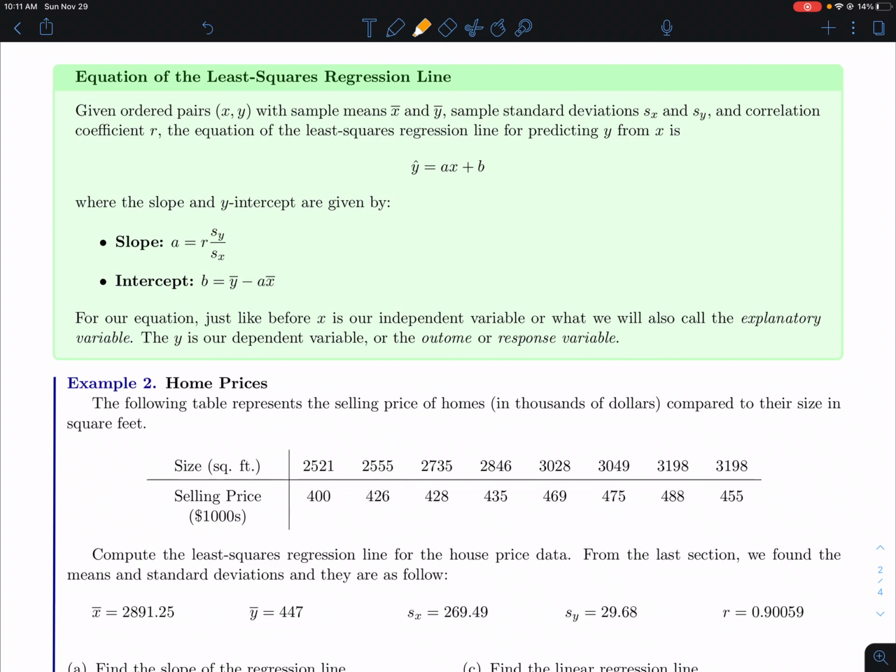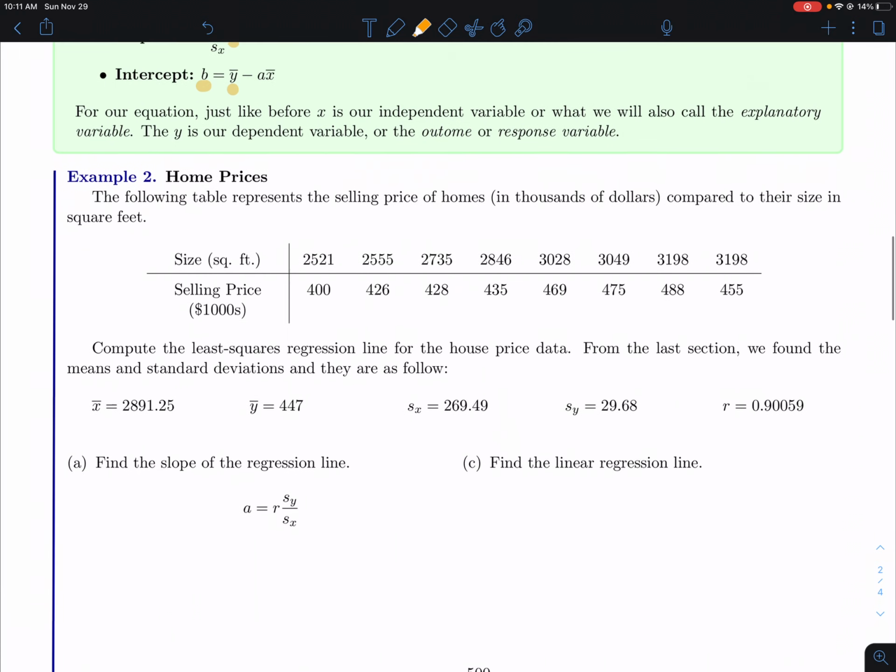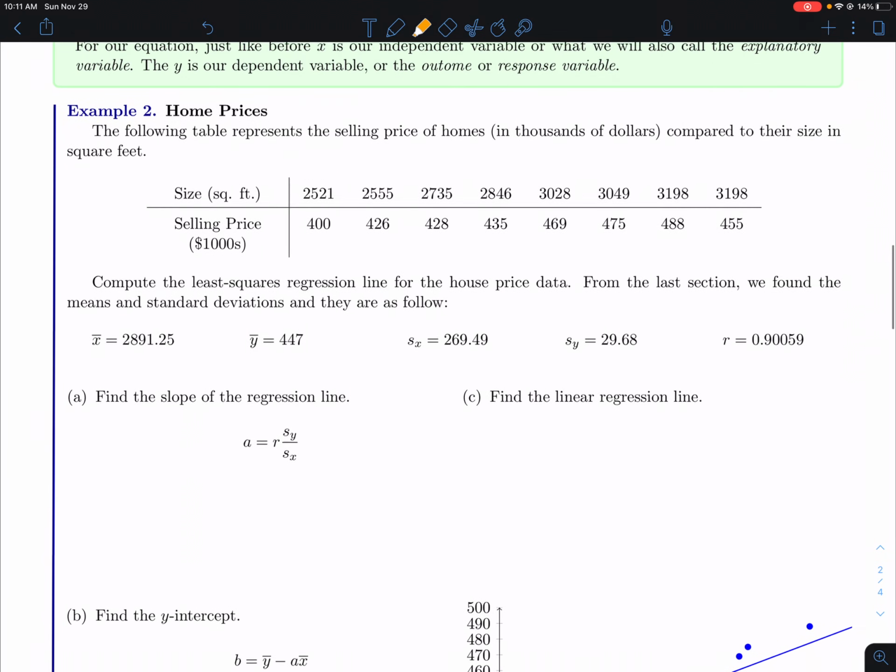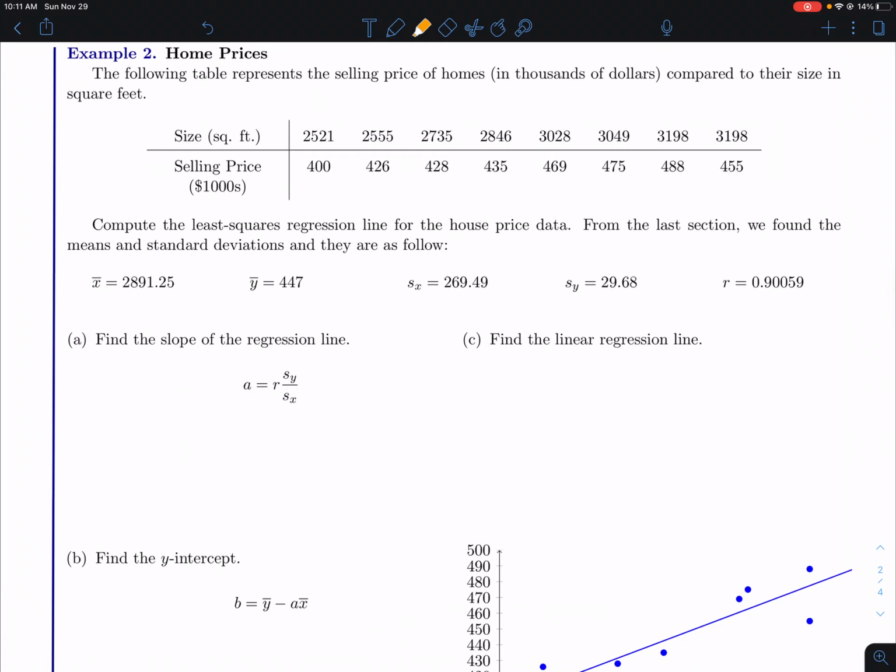The slope, our A, is going to be the R value times SY divided by SX, and the y-intercept is going to be y bar minus A times x bar, the sample mean. We've already calculated these pieces, so hopefully these match what I had before, so they look familiar. That looks good.